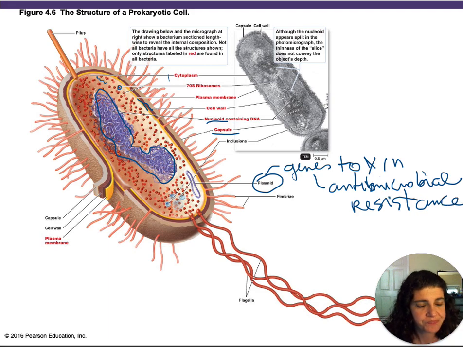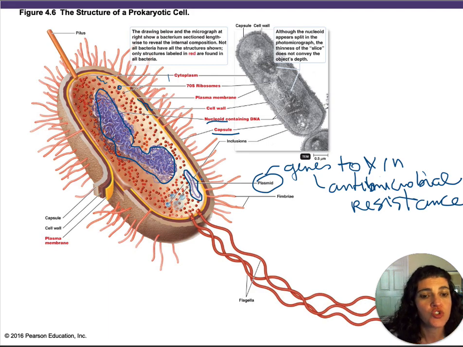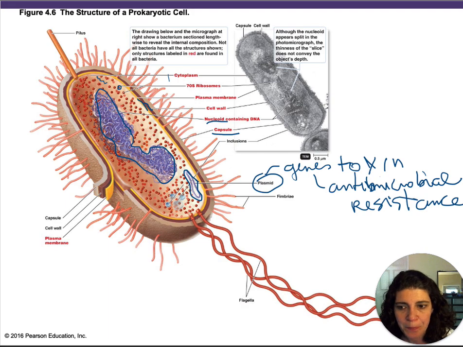Okay, cool. So these types of genes are present in plasmids, and you see a plasmid here. What is this circular DNA? It's an extrachromosomal DNA, and this DNA is important because it can be transferred to other bacteria. So bacteria give pieces of their DNA to other bacteria, like a little gift. And the way these pieces of DNA are transferred, we're going to talk about later, okay?